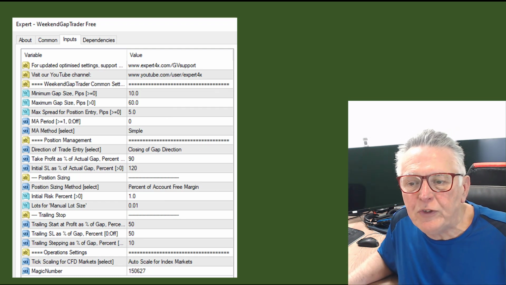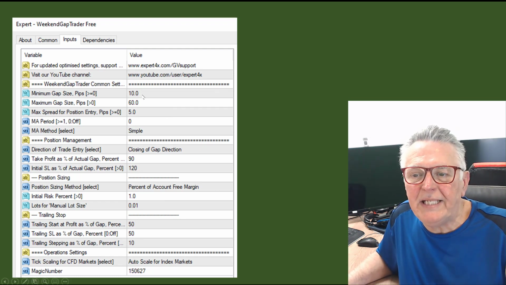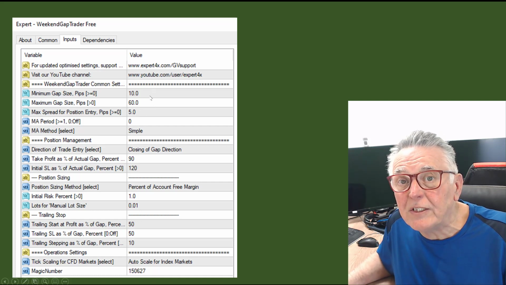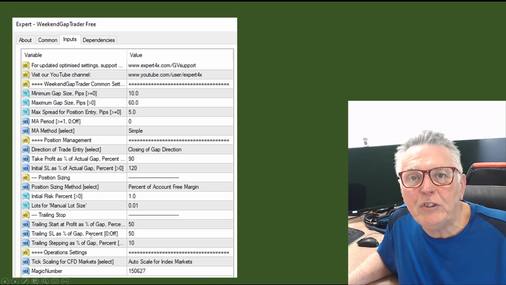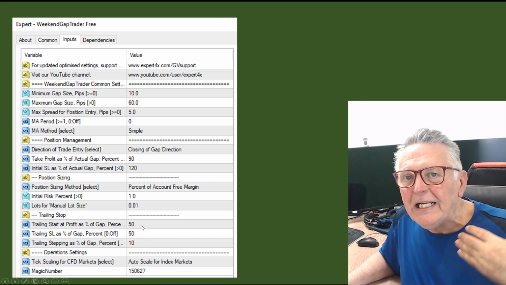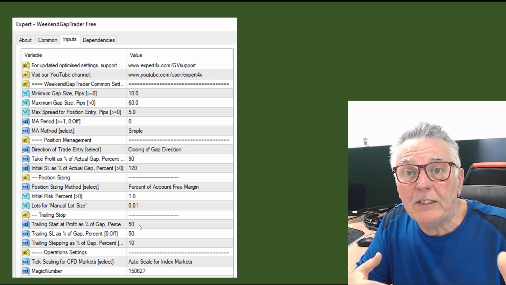It will pay attention to the maximum spread, and it'll say, no, 10 is okay in terms of the maximum spread. But there is still a risk, because down here you have a trailing stop, and your trailing stop says when it'll kick in when, in this case, when the price is 50% of the gap.